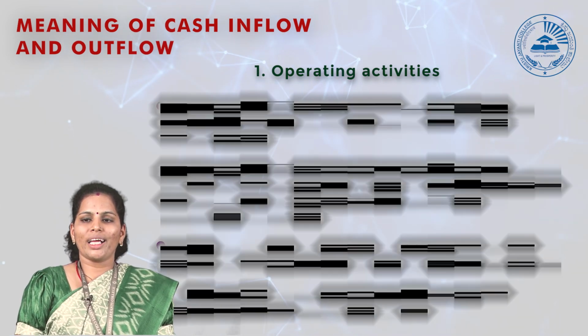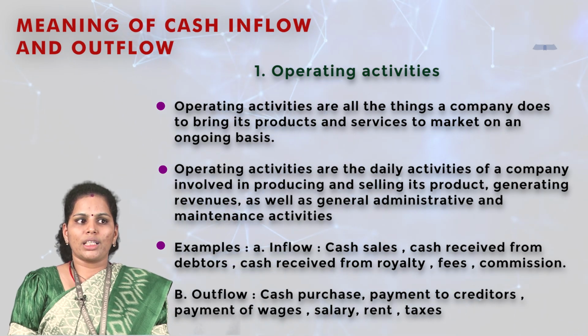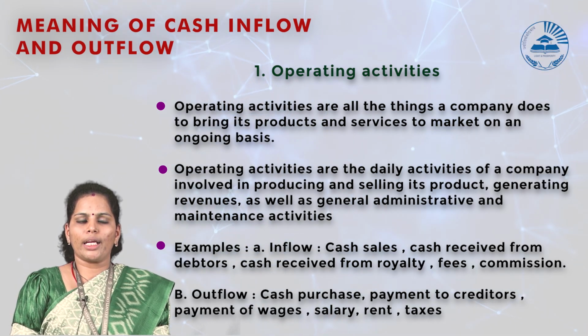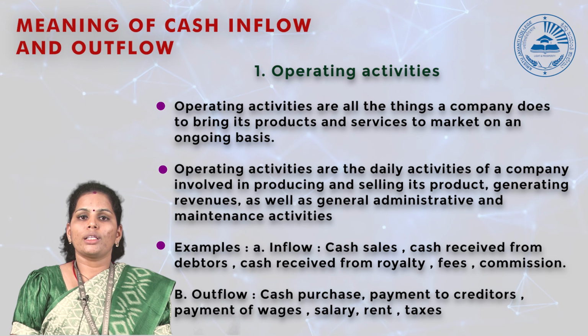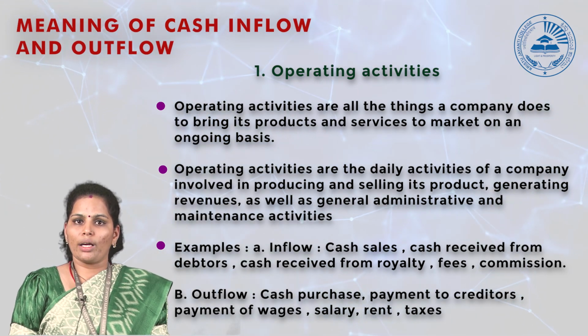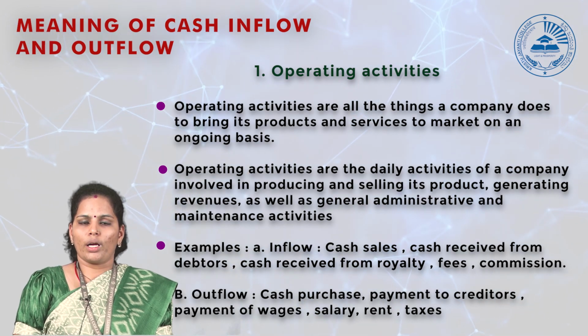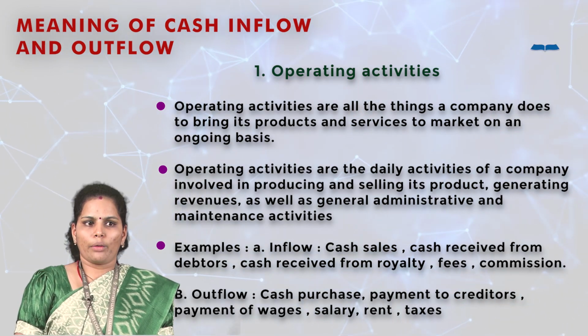Operating activities are all the things a company does to bring a product into existence. In simple terms, whatever we are spending to convert the raw material into finished goods is called an operating activity.